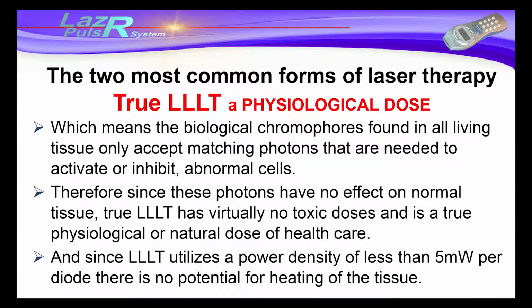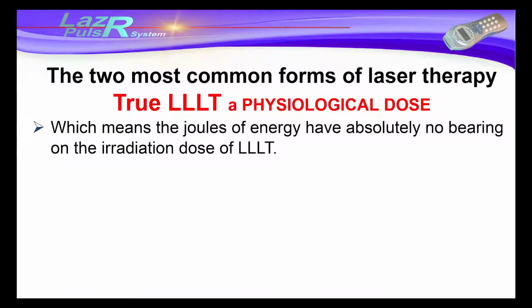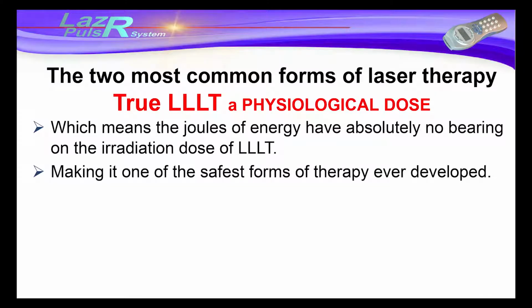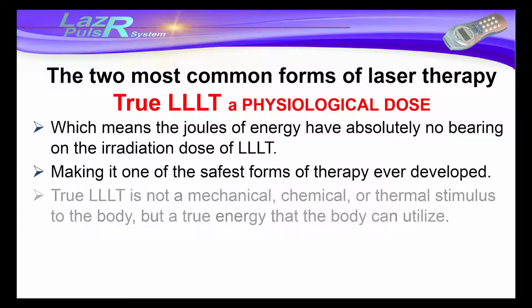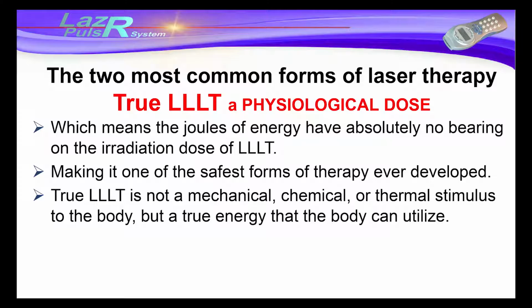And since low-level laser therapy utilizes a power density of less than 5 milliwatts per diode, there is no potential for heating the tissue, and therefore the joules of energy have absolutely no bearing on the radiation dose of low-level laser therapy in any way, which makes it one of the safest forms of therapy ever developed. True low-level laser therapy is not a mechanical, chemical, or thermal stimulus to the body, but a true, let's call it, an energy food for the body.